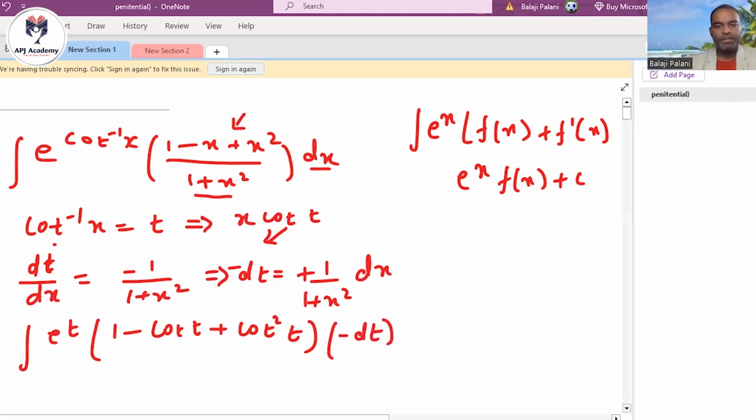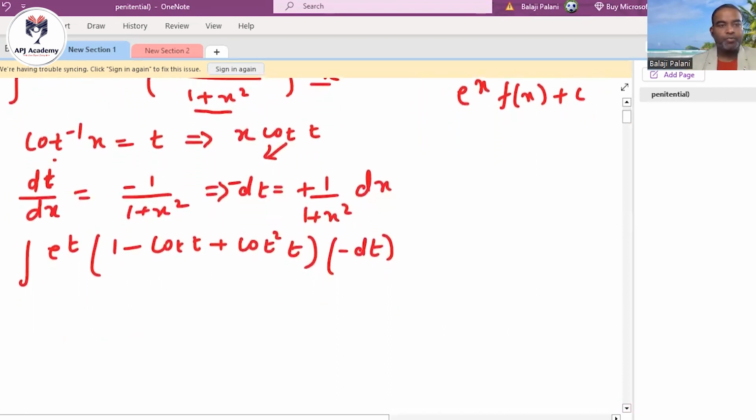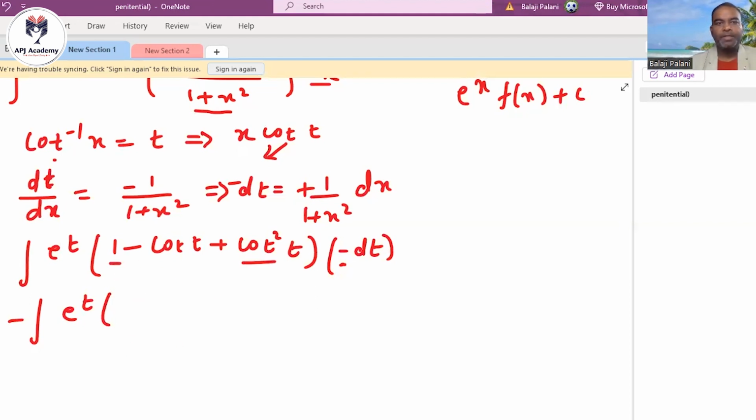Okay, so the substitution is done. Now arrange to get the integration done. So the minus you can bring out. So it becomes e power t into 1 minus cot t plus cot square t. Now 1 plus cot square t, we have studied the 10th class identity, which is cosecant square t.